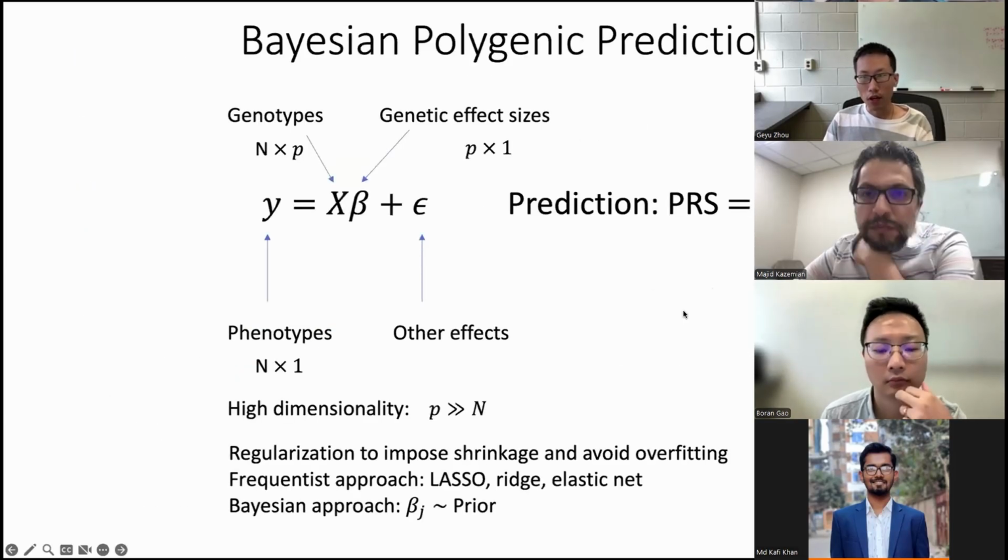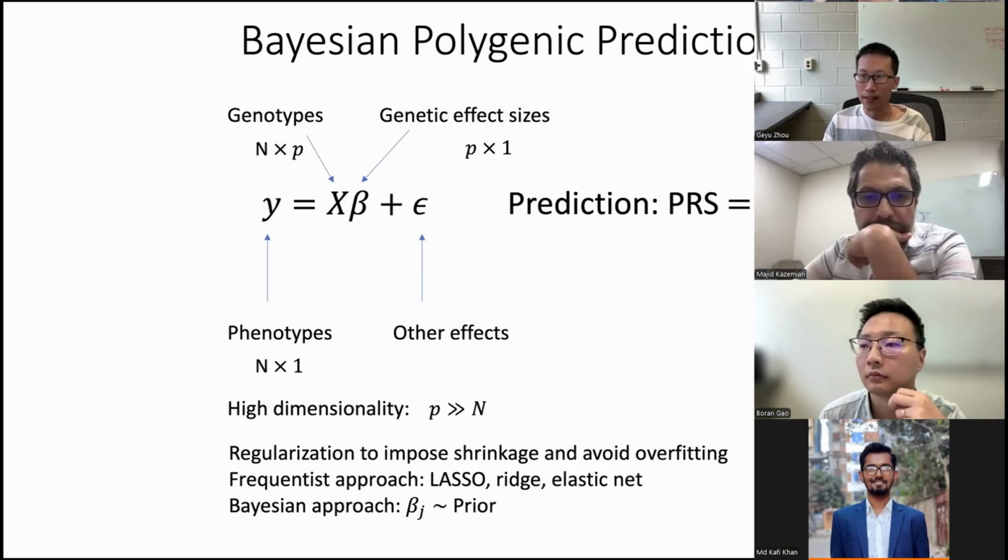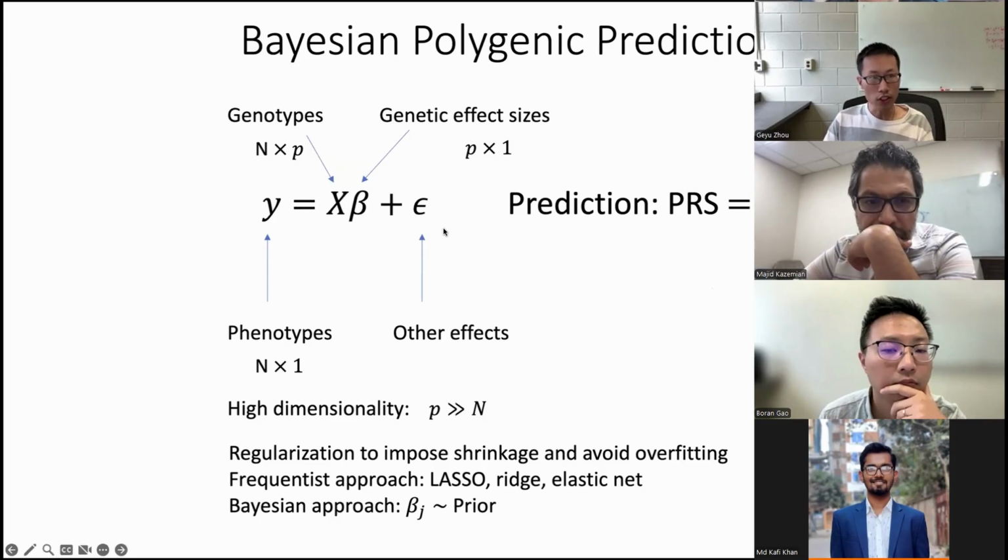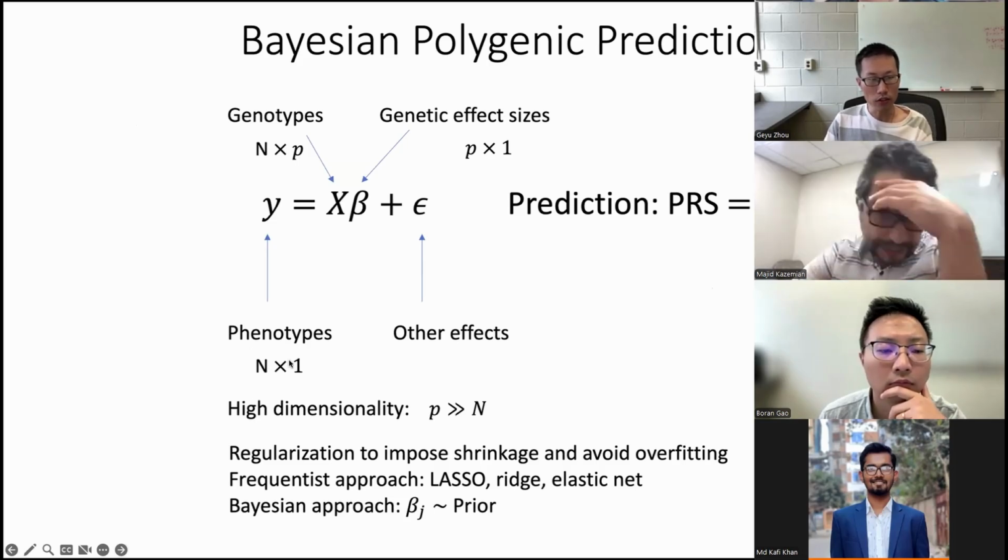And now I'm going to talk about the statistics behind how to construct such a prediction model. So all the GWAS models are based on the linear regression y equals X beta plus epsilon. And y is a vector of phenotypes with n individuals.